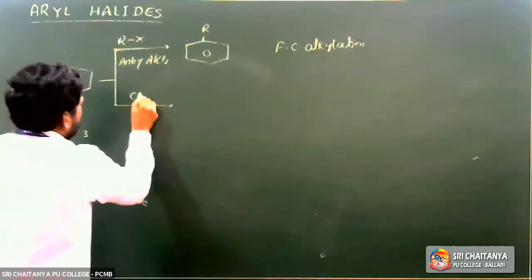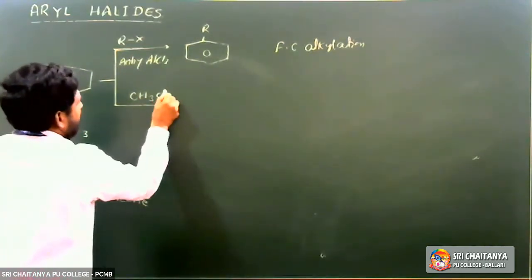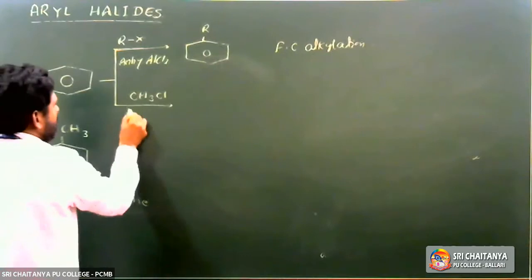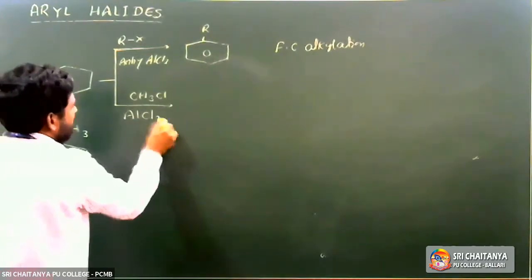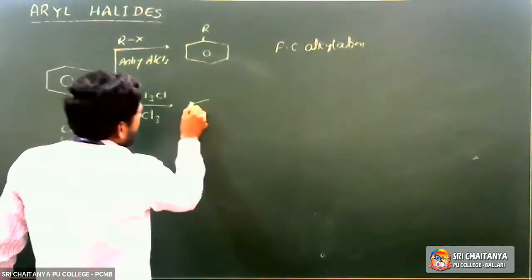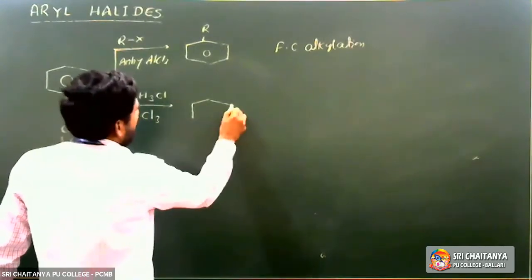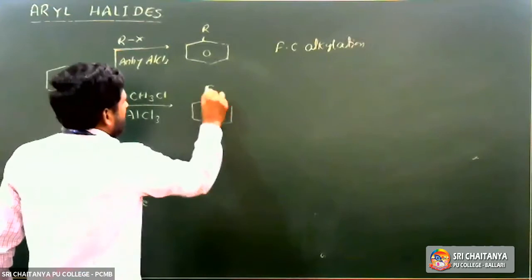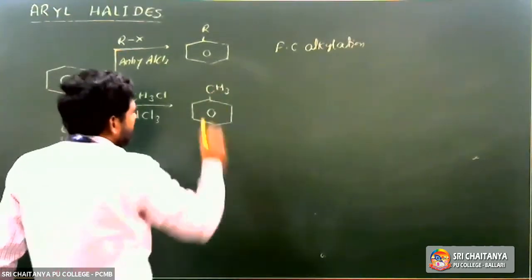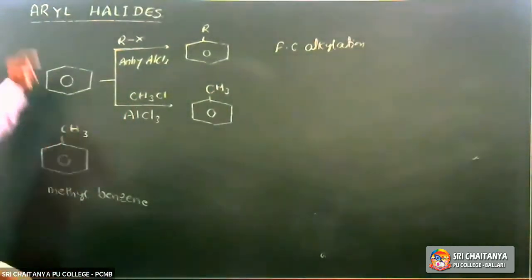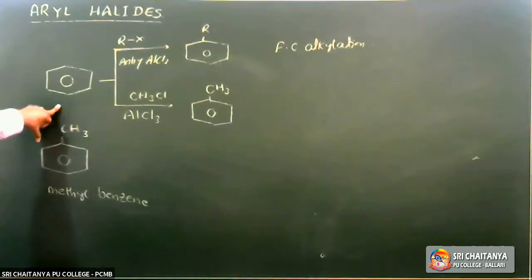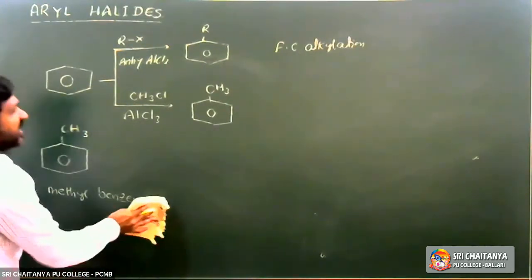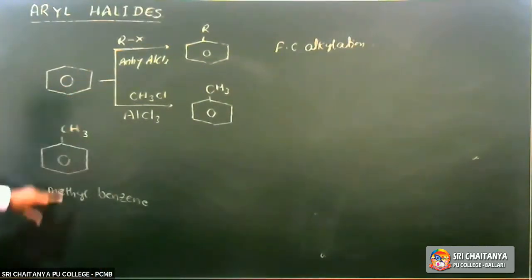Benzene is treated with methyl halide, either methyl chloride or methyl bromide, in the presence of anhydrous AlCl3. It gives methyl benzene. What is the other name of methyl benzene? It is also called toluene. The name of the reaction is Friedel-Crafts alkylation.